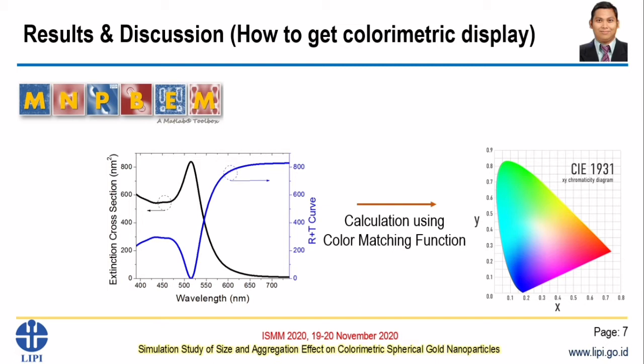This is a common procedural technique for displaying color using CIE 1931 color diagram. Thus, we can plot the color coordinates in the color diagram. Every color coordinates x, y describes specific color. This is a simple colorimetric standard.